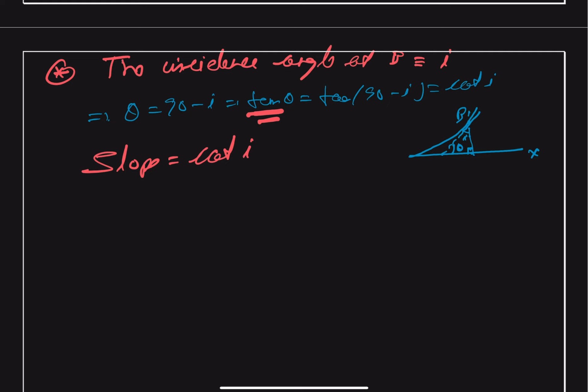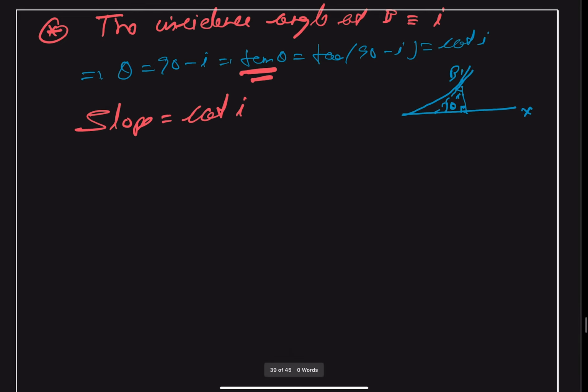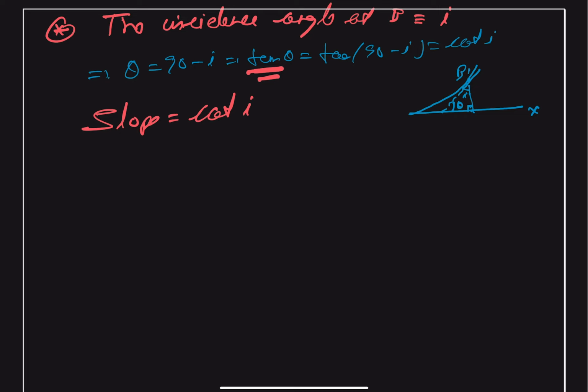Now we come to the next part, and for that we are given that at y is equal to 0, that is our point A, the refractive index at A is equal to 1, that is basically air.